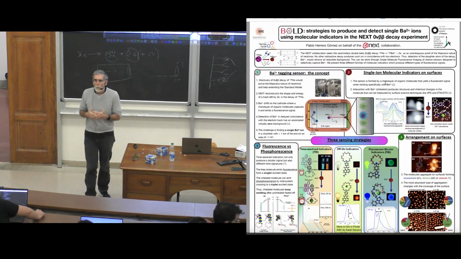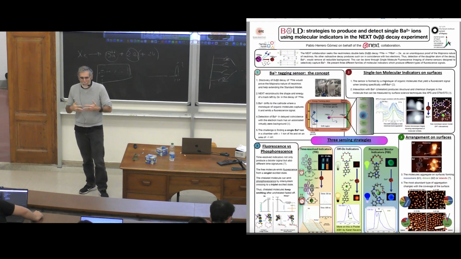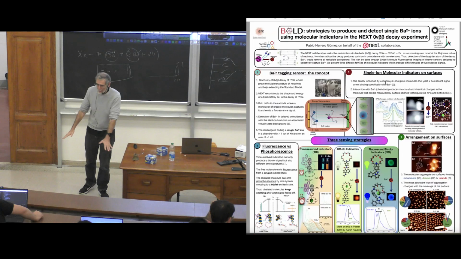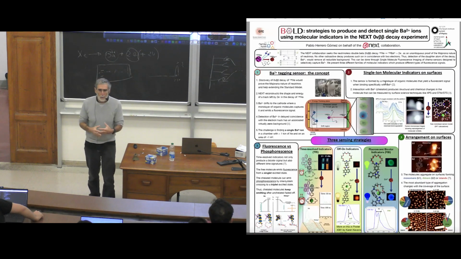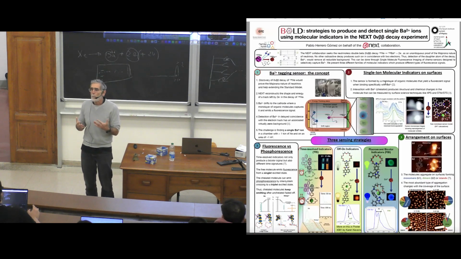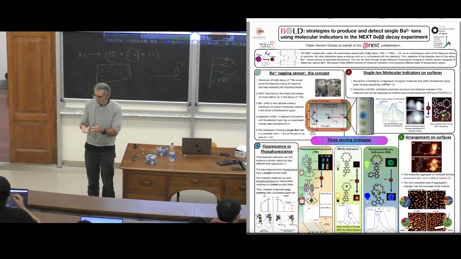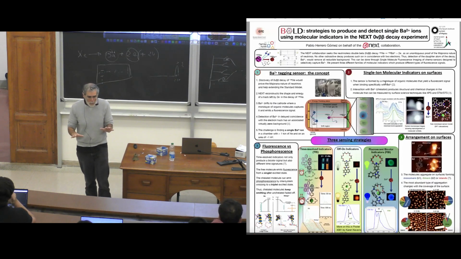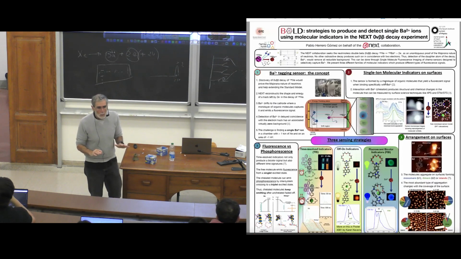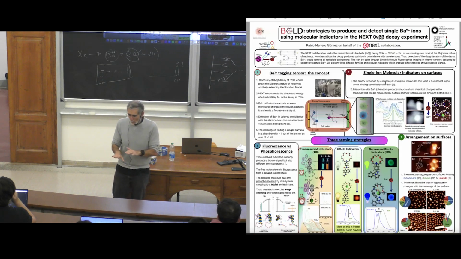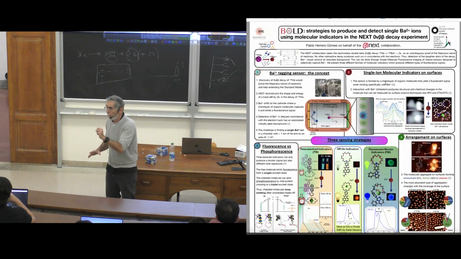And now, of course, once this idea is formulated precisely, the question comes: how do you precisely construct your layer? Because now there is a contradiction of requirements. I would like to put as many molecules as possible to be absolutely sure that I grab the ion.